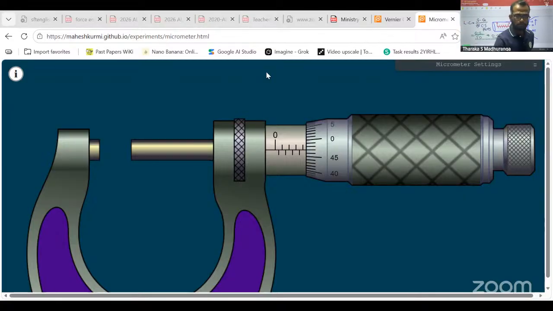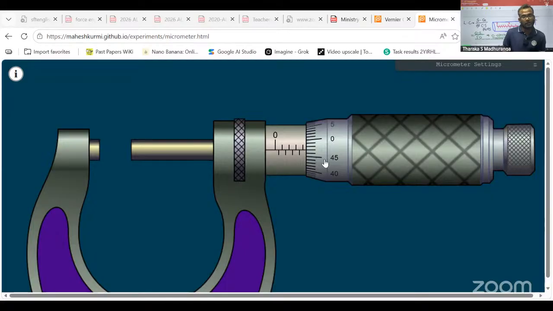What's the reading? Very good. 4.47, great. 4.47 millimeter, great. Okay, now you can read any reading of a micrometer screw gauge.